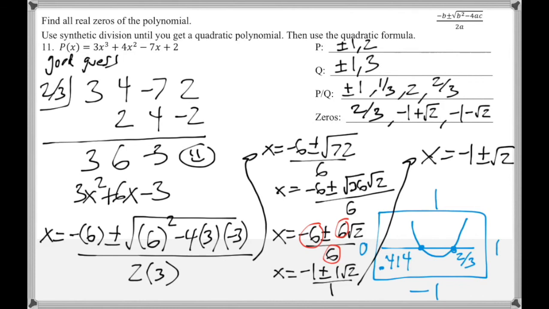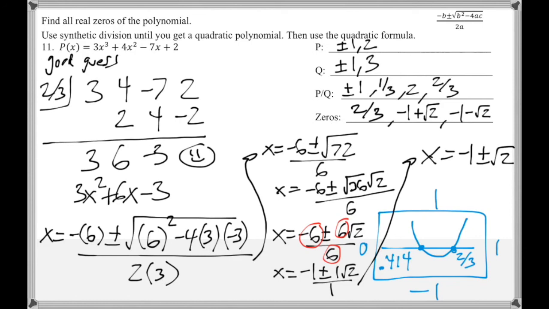And if we type those in, negative 1 minus square root of 2, we get negative 2.4, and negative 1 plus square root of 2, we get the 0.414, which was this answer here. So the reason why this does not appear on this list is because it's not a rational zero.